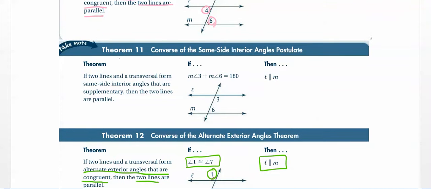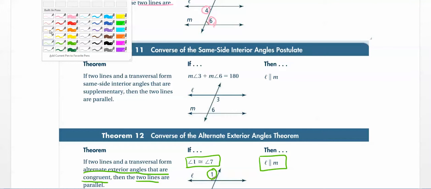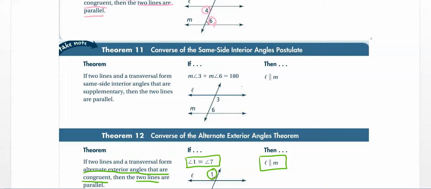Now this one that I skipped, this one is the sort of odd man out, right? This is for the same side interior angles postulate. And the same side interior angles postulate said that if you have two parallel lines, then you have supplementary same side interior angles. This is backwards from that.